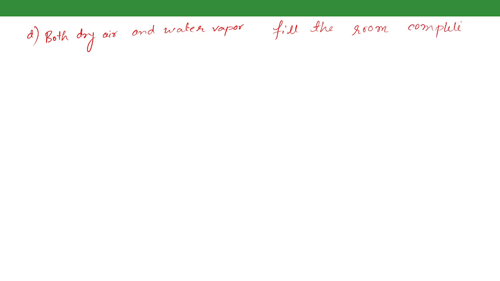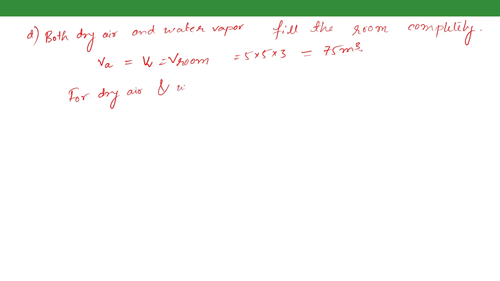Okay, so VA is VV, is V room, and that is 5 multiplied by 5 multiplied by 3, that is 75 meter cube, for dry air and water vapor as ideal gases.